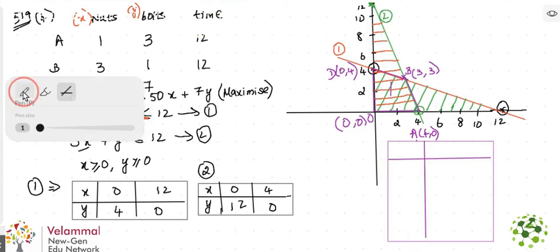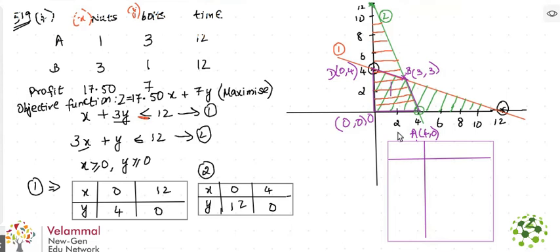So now for each point, I am going to find the value of z. So here I write point, here I write value of z, because the z value is the maximum value. So this is the function which we are going to maximize. Now, what is the first point? O, 0, 0.